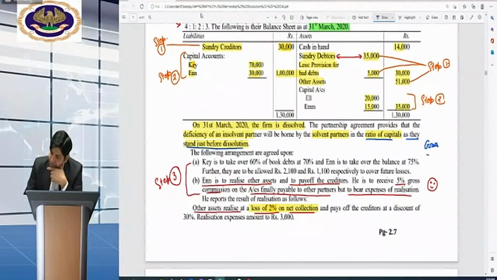From that, loss will be less, and after that there will be the net amount. So if it is 100, only then it can be 2% loss. It means the total amount will be 102.